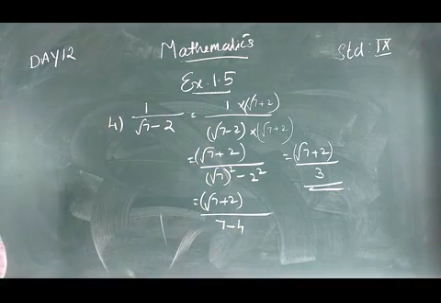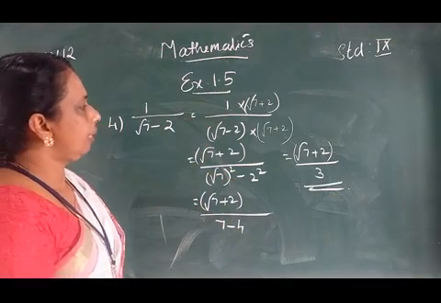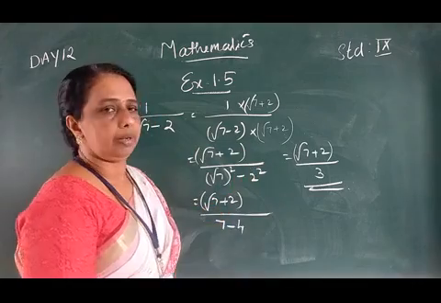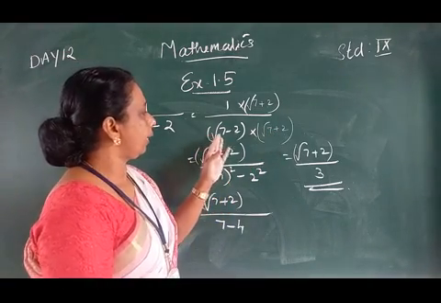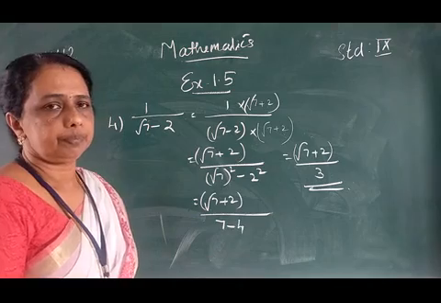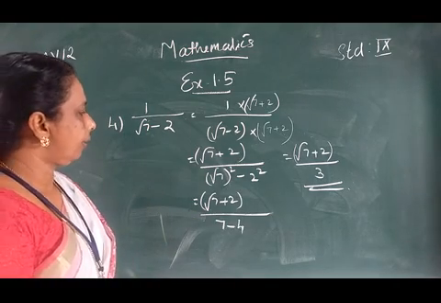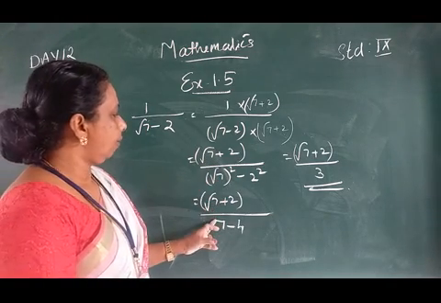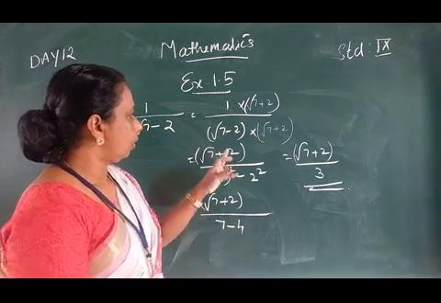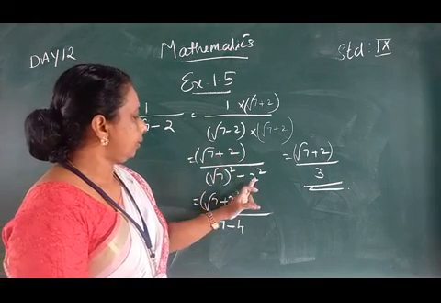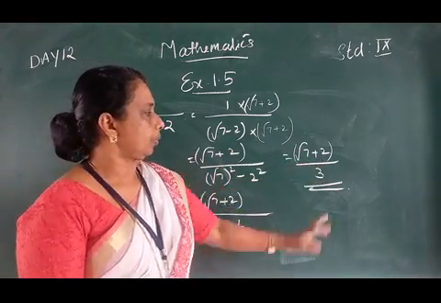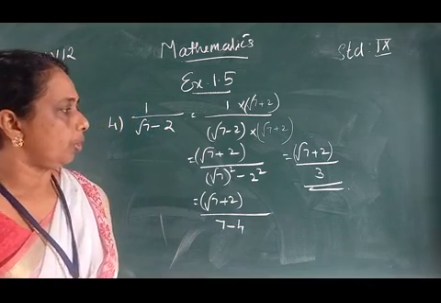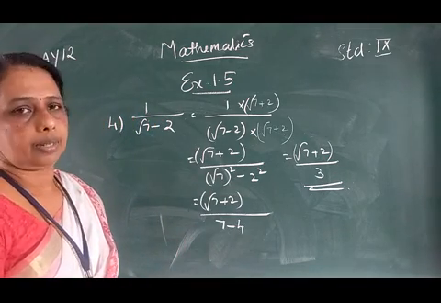The denominator is always in the form a plus b into a minus b, or root a plus b into root a minus b. Here we get 7 minus 4, which is 3. So the answer is root 7 plus 2 divided by 3.